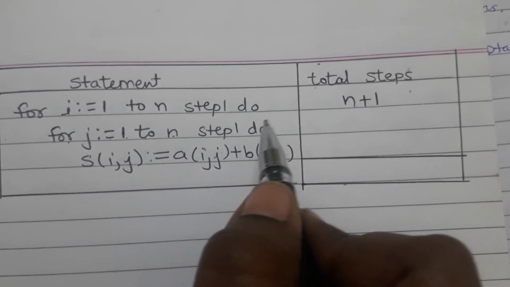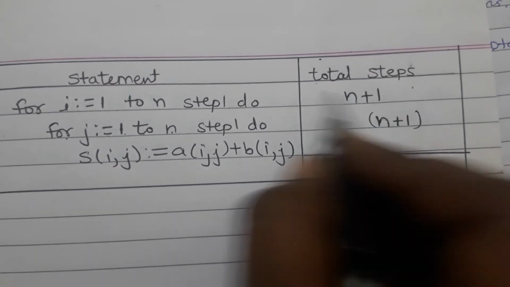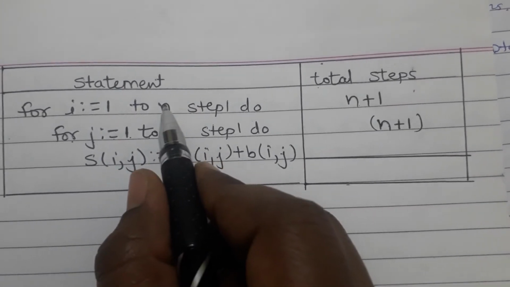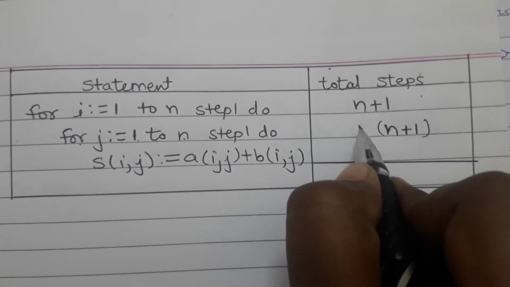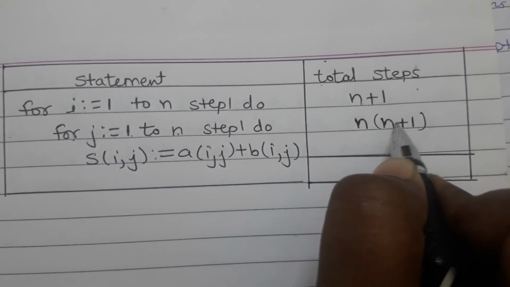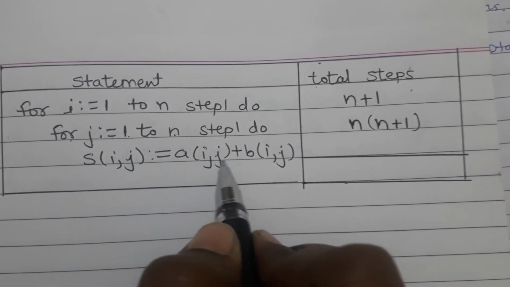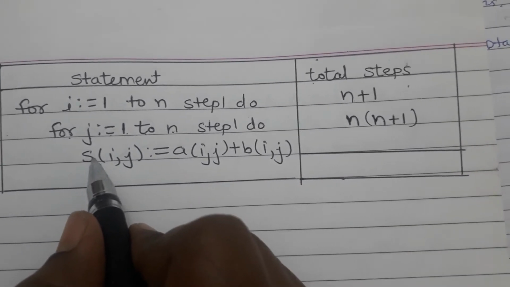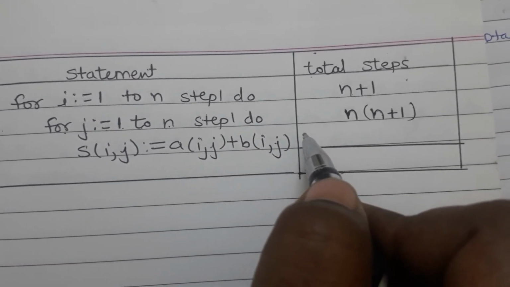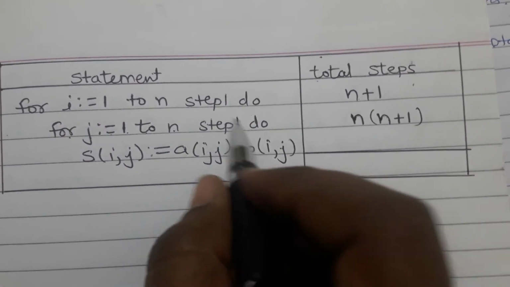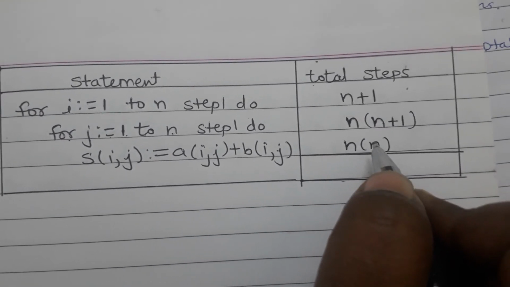This statement will also be executed n plus 1 times, but since this for loop is within the outer for loop, it will be executed n into n plus 1 times. Within this nested for loop, the last statement is present, that is s of ij is equal to A of ij plus B of ij. This will be executed n into n times, which means n square.